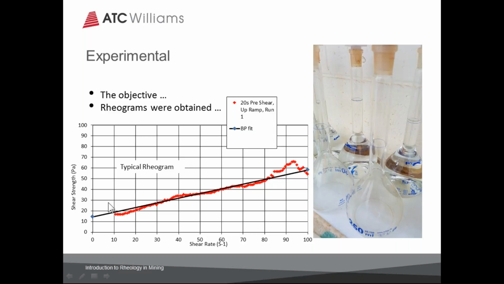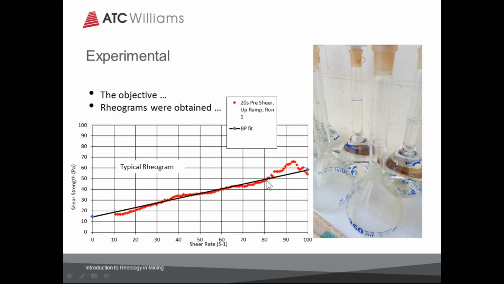I think I've done a lot of talking about these things. Let's see, how do we measure rheology? Well, rheology is measured in a rheometer, and we can show here some rheometer readings. The red diamonds here show what we would measure, and that is from a rheometer. What do we do with that?